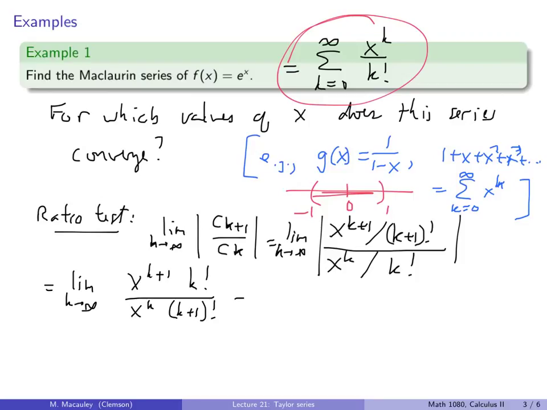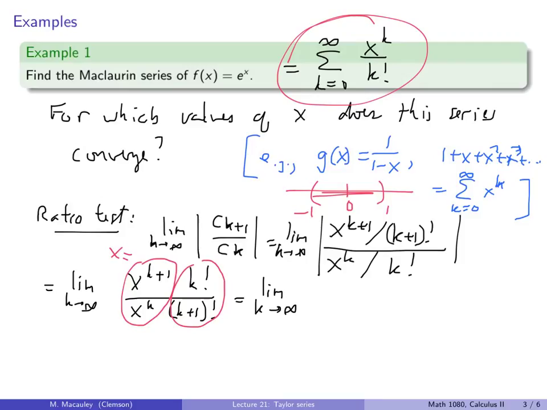So this is the limit as k goes to infinity of, let's see, this part here is just equal to x. And let's be careful with this part.